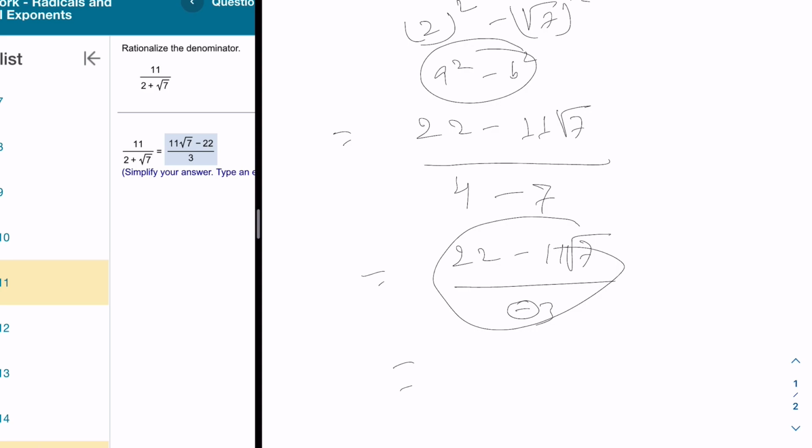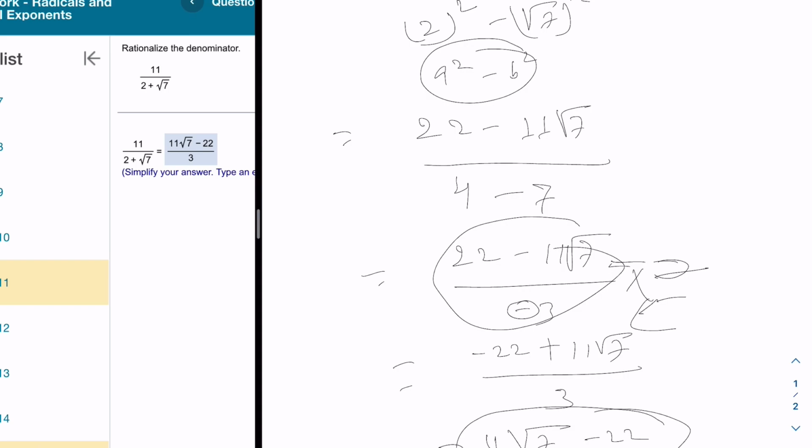We need to multiply by minus and divide by minus, into the numerator and denominator. So now our answer will be minus 22 plus 11 root 7 over 3, which can be written as 11 root 7 minus 22 over 3. This is our last answer.